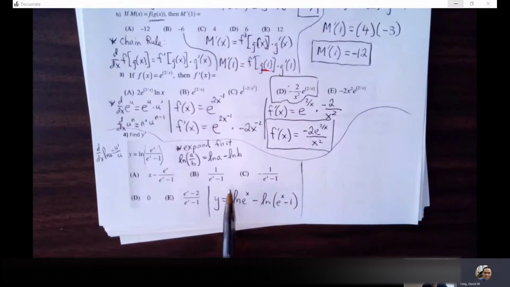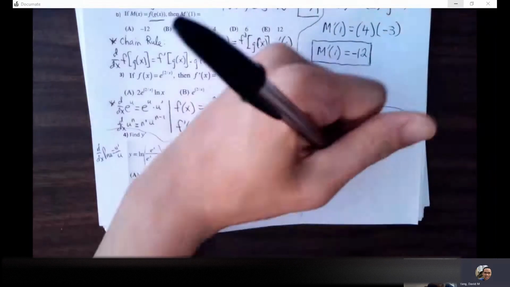Now I'm looking at this and I'm saying I can do even more cleanup here, right? We have another property, which is the power property. I can bring the exponent down within a natural log expression without changing my overall value, but it would just make things easier for me to work with. So I'm going to keep expanding here, bring that x down in front.